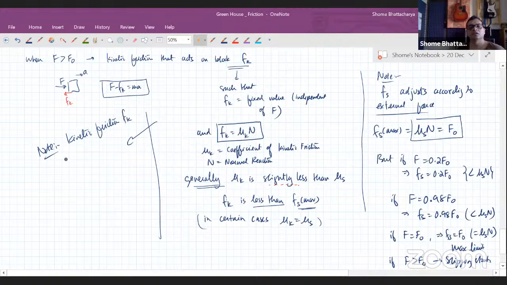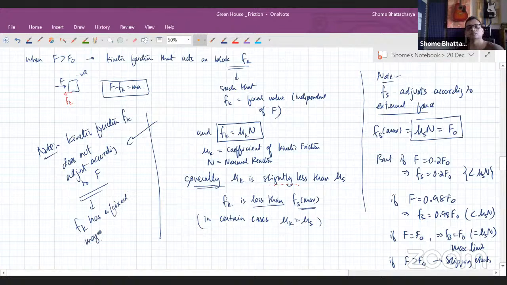Fk does not adjust in value according to the external force F. Kinetic friction has a fixed magnitude of mu k into n.